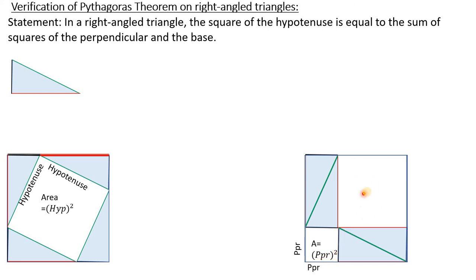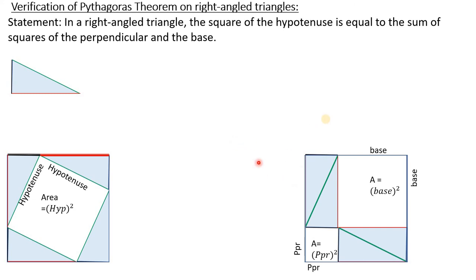Similarly, the area of this bigger square will be, it is made up of the sides which are the bases of the right triangle. Therefore, the area is equal to base square, which is base multiplied by base. So the same square is taken, whose side is equal to the sum of the base and perpendicular of the given right triangle.